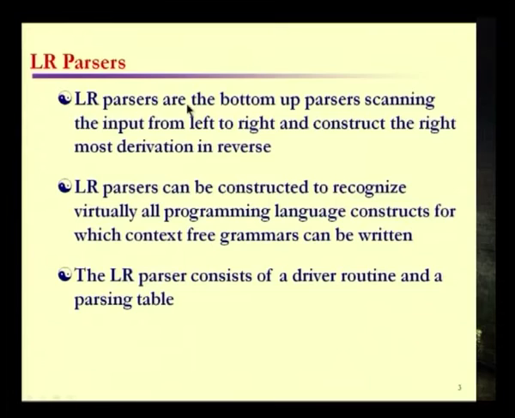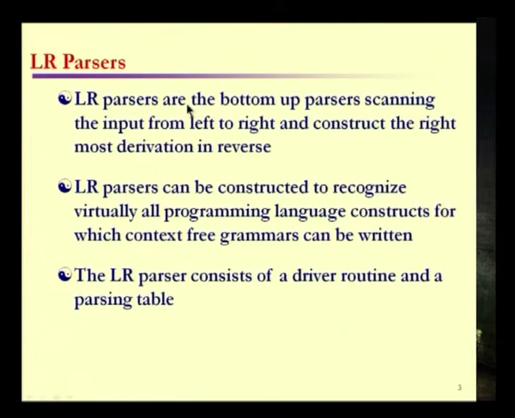Here we have a class of efficient bottom-up parsers called LR parsers. The LR parsers are a type of bottom-up parser, and they scan the input from left to right and construct the rightmost derivation in reverse.